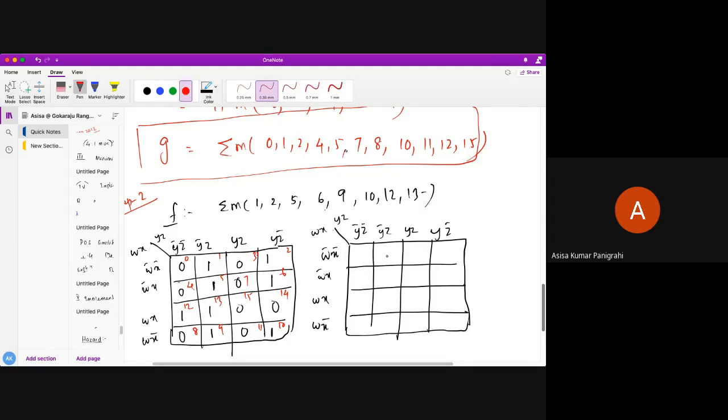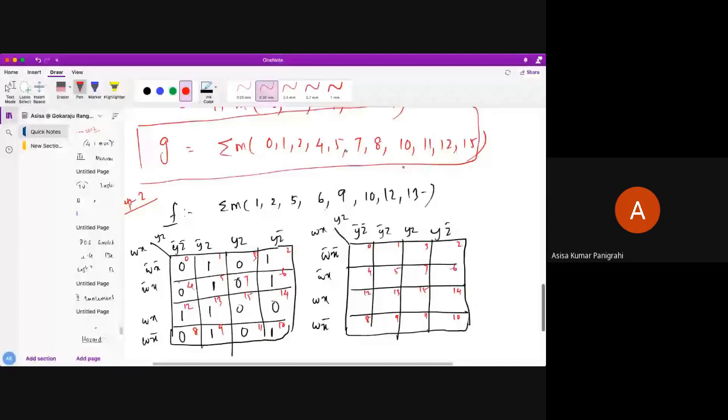I know the minterm positions. I just put 0, 1, 2, 3, 4, 5, 6, 7, 8, 9, 10, 11, 12, 13, 14 and 15. Now I put all these values over here.